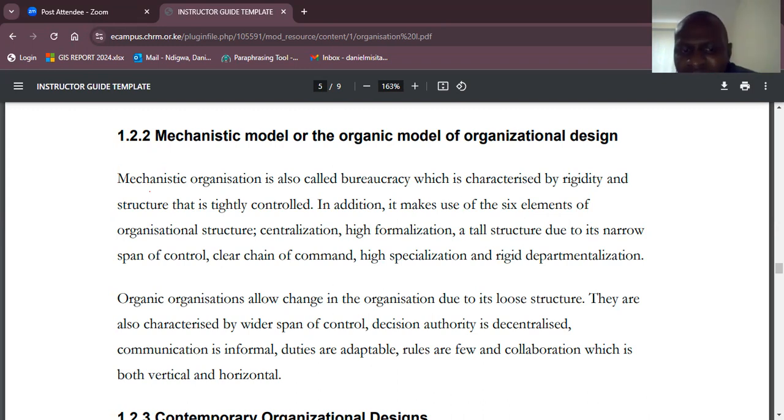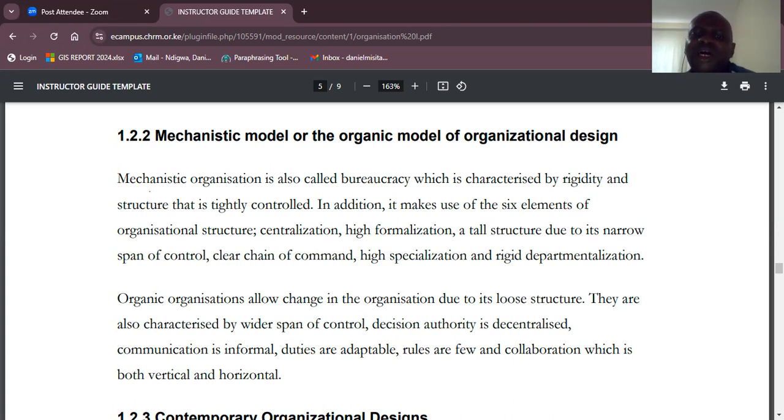So when you talk about organic structure or organic organizations, we look at characteristics like a wider span of control. We have decision and authority, which is more decentralized. So when you compare bureaucratic structure with organic structure, you realize that in organic structure, it is more decentralized in a way where authority is normally devolved and people are given the autonomy to make decisions on their own.